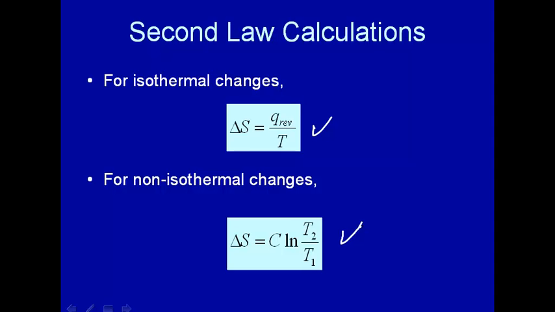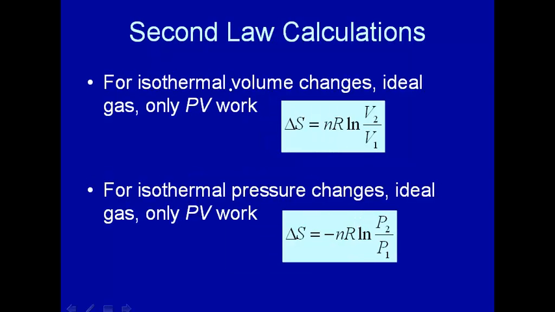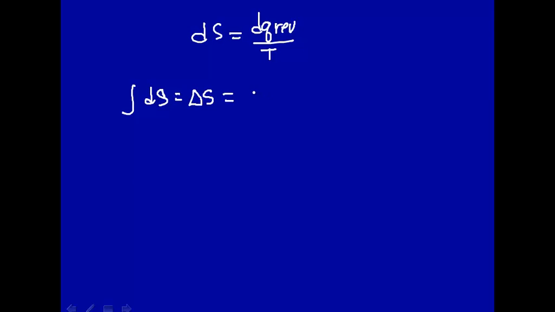Okay, let's go here. Let's put some more restrictions on. Isothermal volume change, ideal gas, only PV work. Let's start again. Once again, from dS is dq reversible, heat transfer in a reversible process, divided by T. Integrate both sides, integrate dS. This will just be delta S, final minus initial.